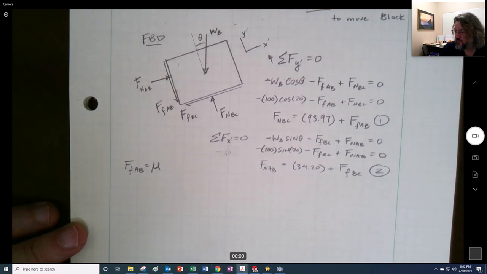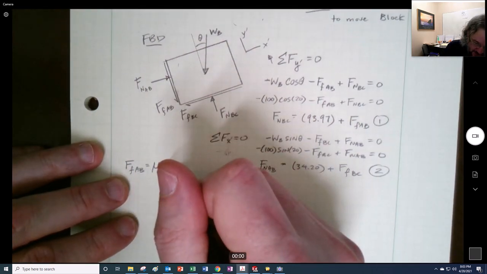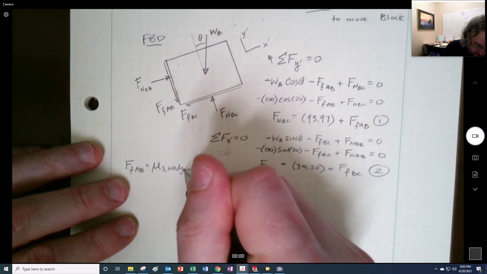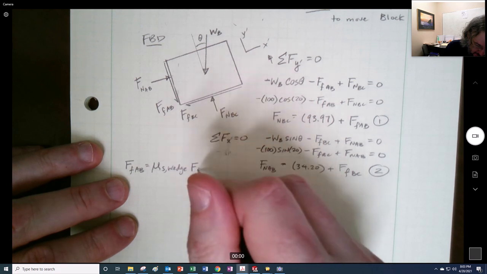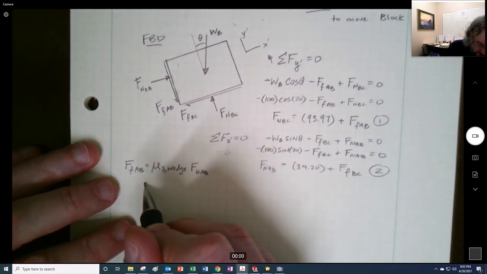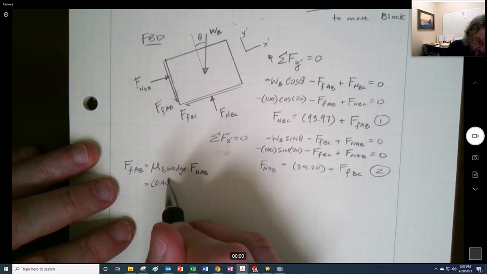The problem says the static coefficient between the block and the incline is here, and the static coefficient for both wedge surfaces. Okay, so this is going to be mu S wedge times F N AB, or 0.40.